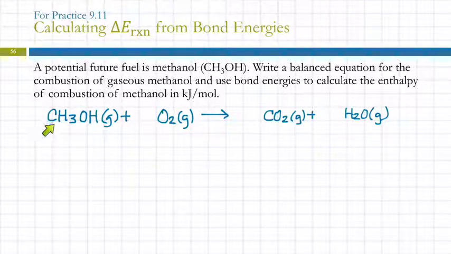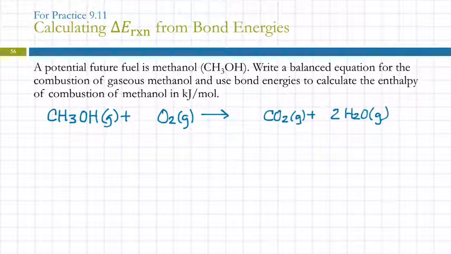We have 1 carbon on the left and 1 carbon on the right, so that's cool. We have 3 plus 1, 4 hydrogens here, and only 2 over there. So if we put a 2 in front of the water, we have 4 hydrogens on each side. Now we've got 2 oxygens plus 1. We've got 3 oxygens over here and 4 oxygens over there.